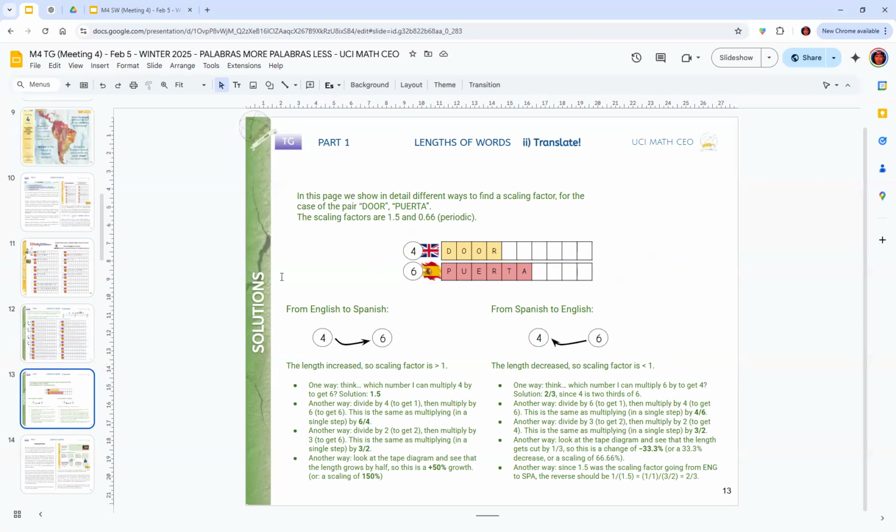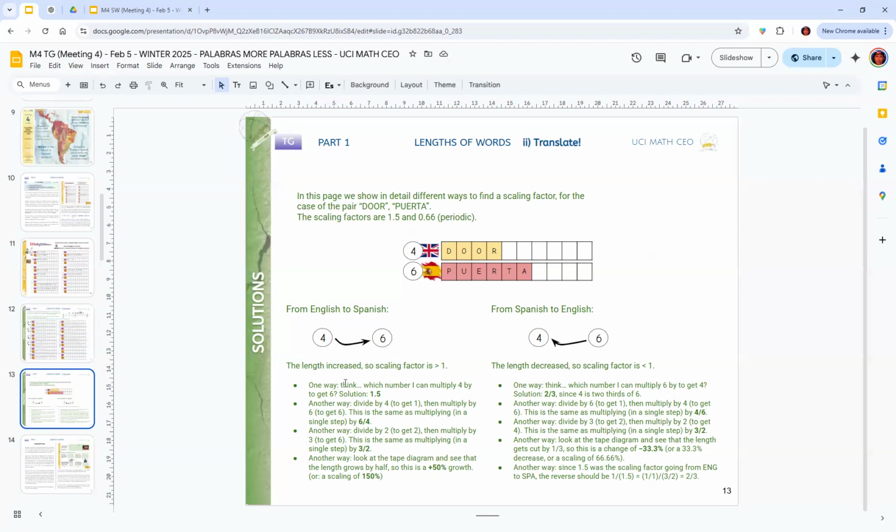What's the difference? Here from door to puerta, let's first go from English to Spanish to see how we could find this percentage or scaling factor. Both are equivalent, so they're just different ways to express the same concept of a relative change. So here the length increases, so the scaling factor has to be more than 1.